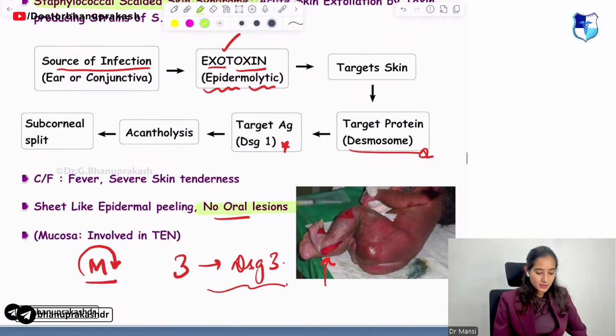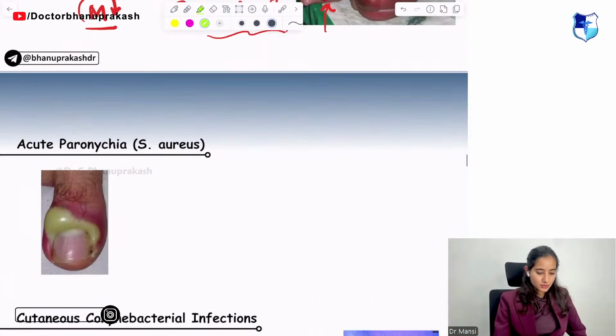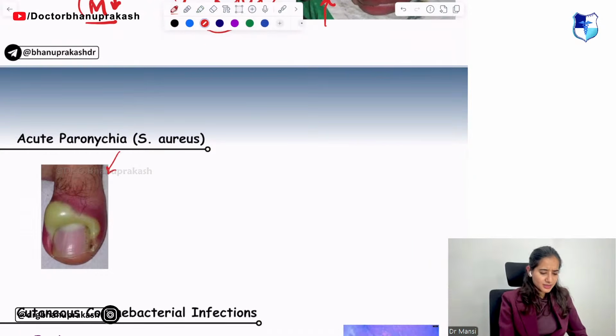The mucosa will be involved in toxic epidermal necrolysis. So this could just be given as an image-based question to you.